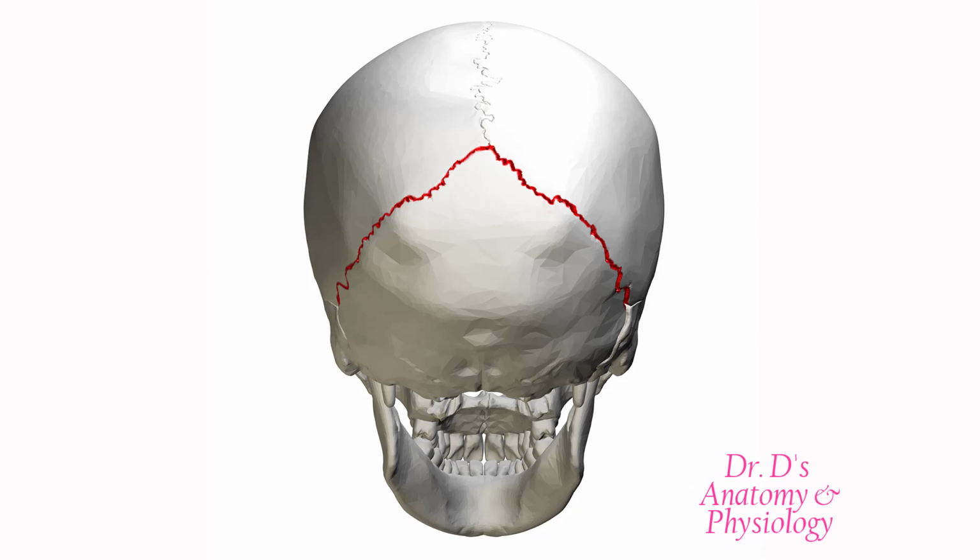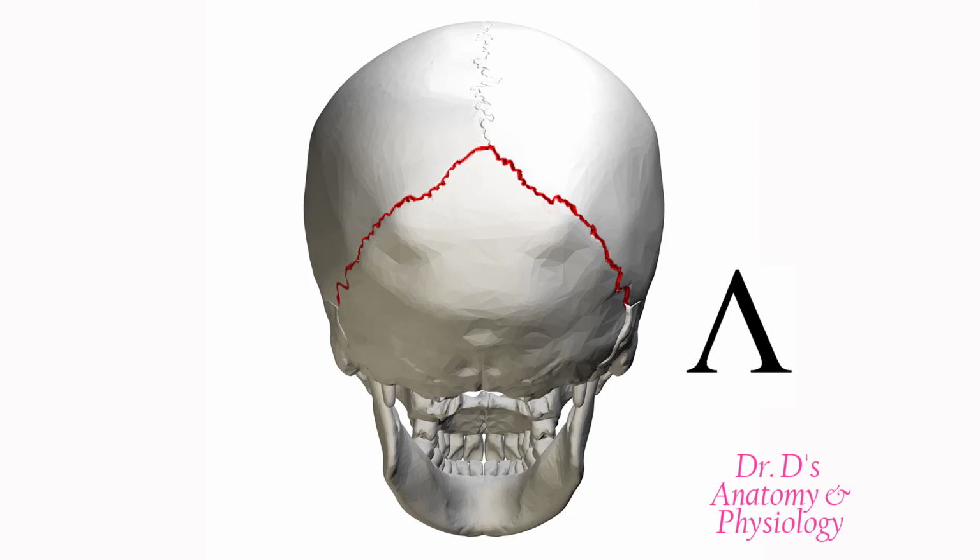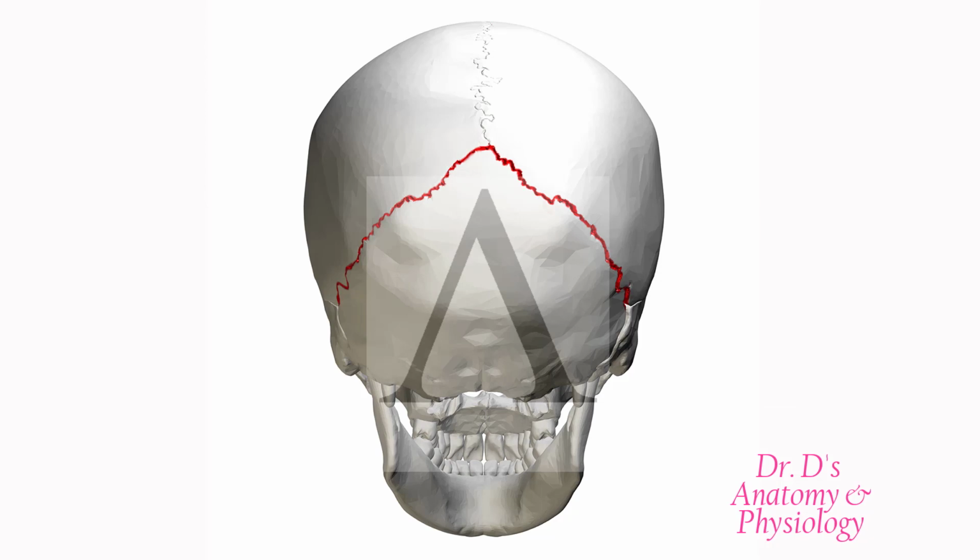It is called this because of its resemblance to the Greek letter lambda, particularly the capital letter lambda. And so here you can see the capital letter lambda, and it's not hard to see how the anatomist, when he looked at this suture, was reminded of this Greek letter.